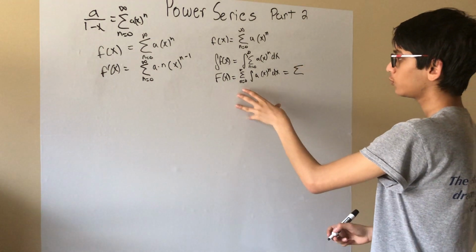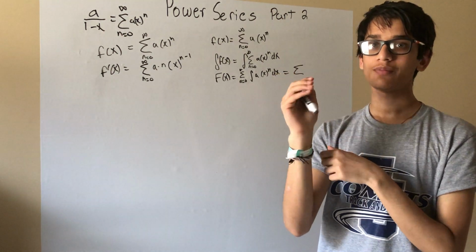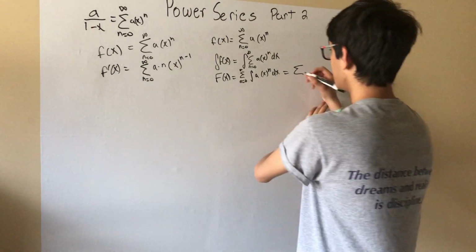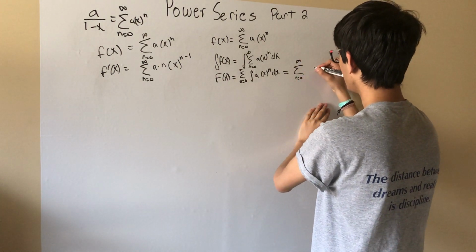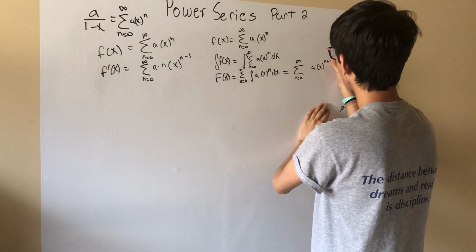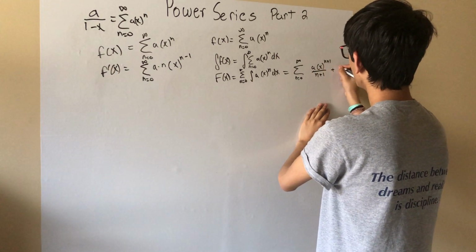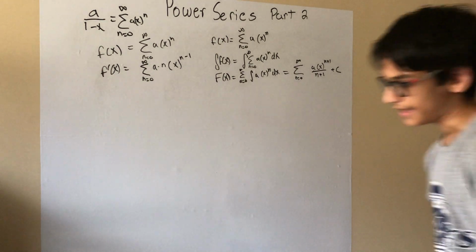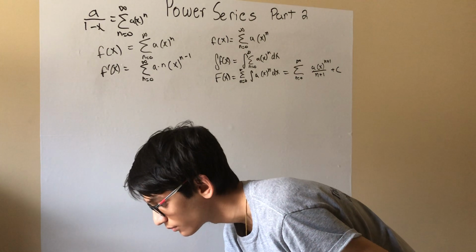So there's actually a rule which states that the integral of a sum is the same as the sum of the integral. So you can rewrite it like this, and then n equals 0 to infinity a times x to the n plus 1 over n plus 1, plus c, right? And then those are two very important rules.